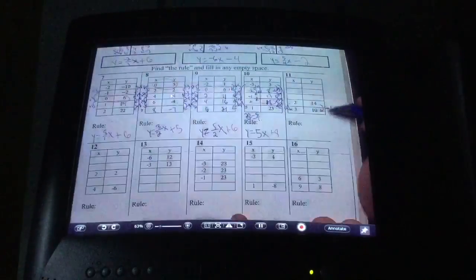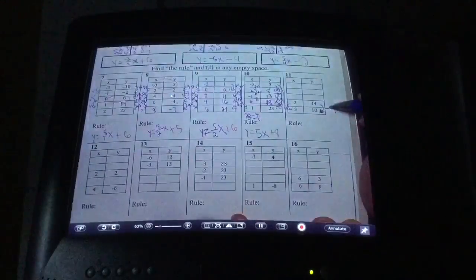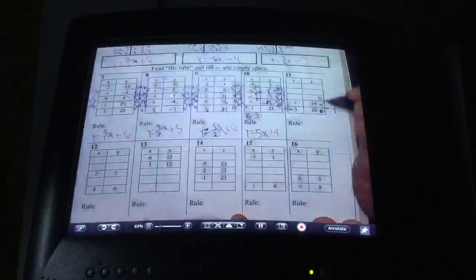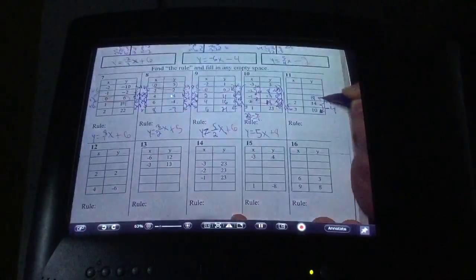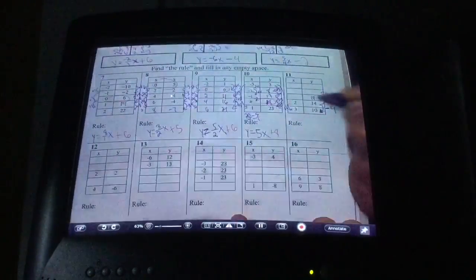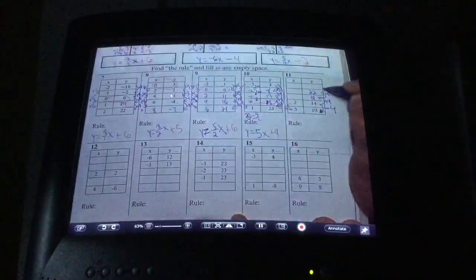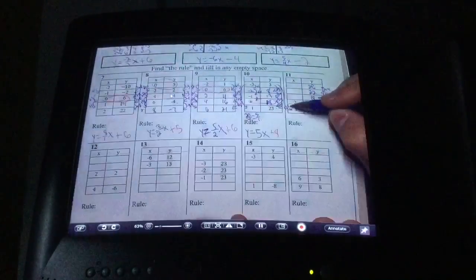Now, if we wanted to work backwards, we have to do the opposite of what we see here. So since we're subtracting 4 to go forwards, to go backwards I'm going to have to add 4. So this is now 18. If I add 4 to that, this is going to be 22. If I add 4 to that, it's going to be 26. Okay? Over here, I subtracted 1.